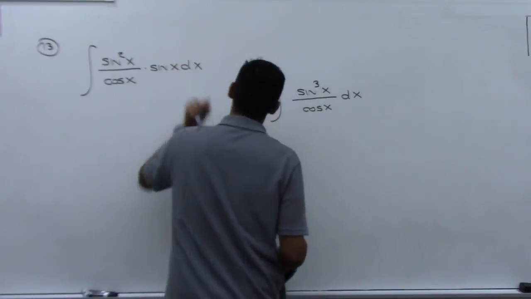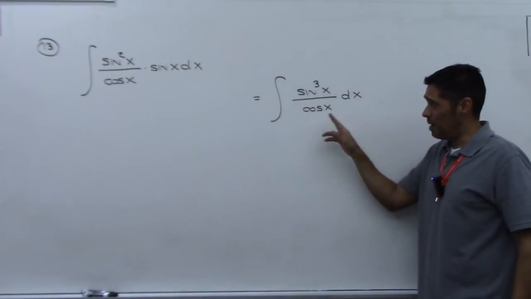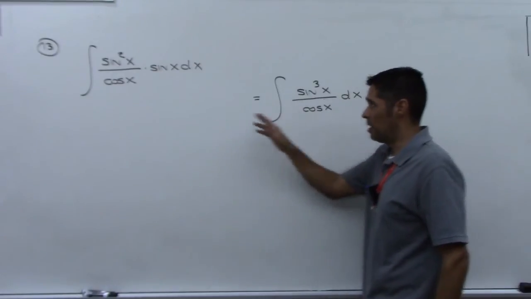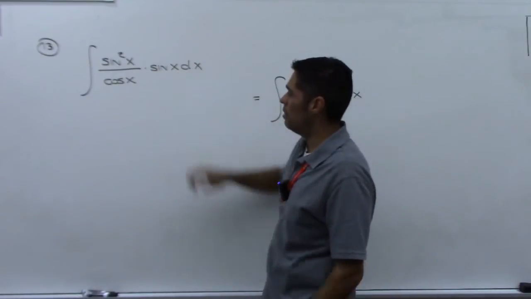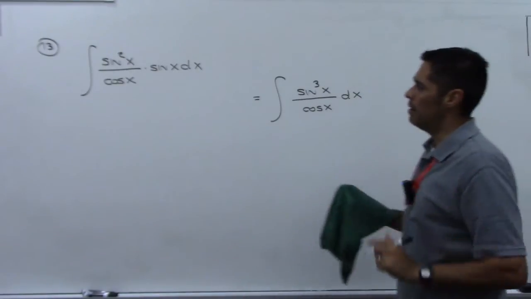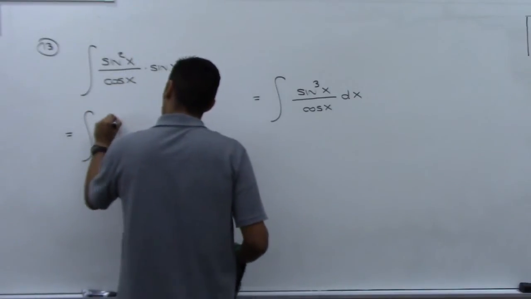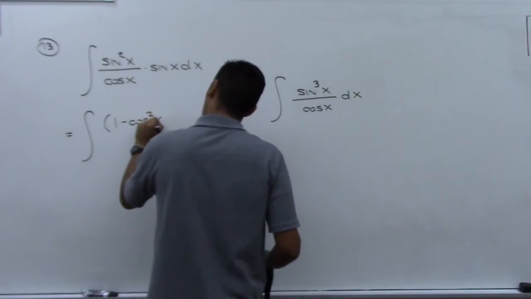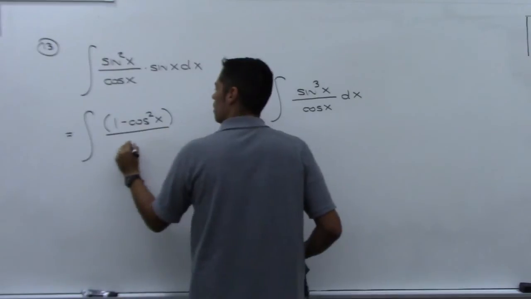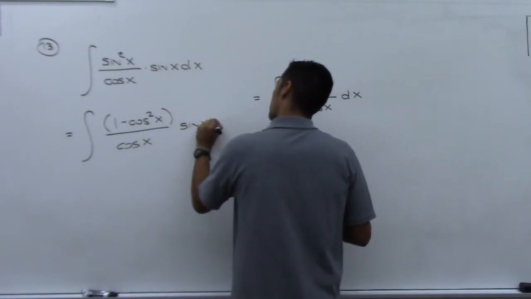So I'm going to peel off one sine because I know the derivative of cosine is negative sine. So that'll give me my du. I just need to resolve the sine squared. But sine squared is 1 minus cosine squared. So that top is 1 minus cosine squared x over cosine x, and then sine x dx.